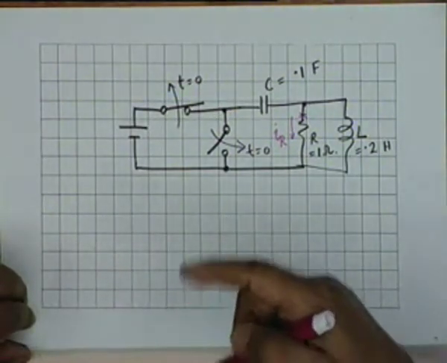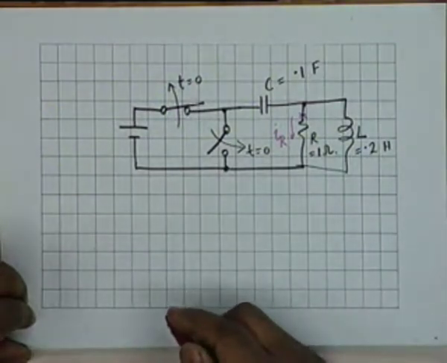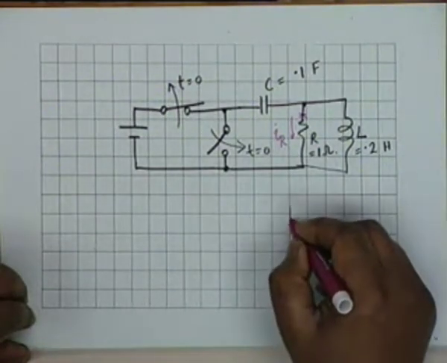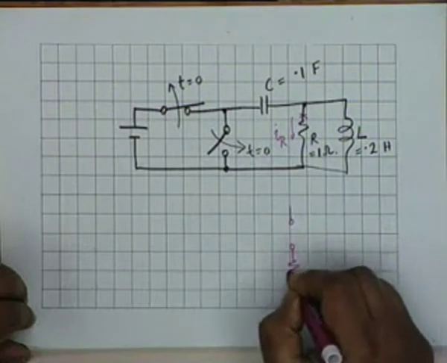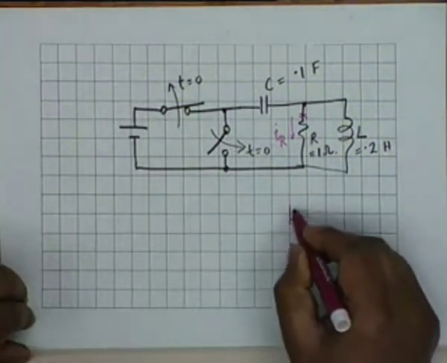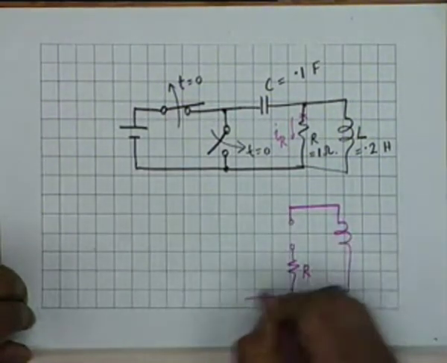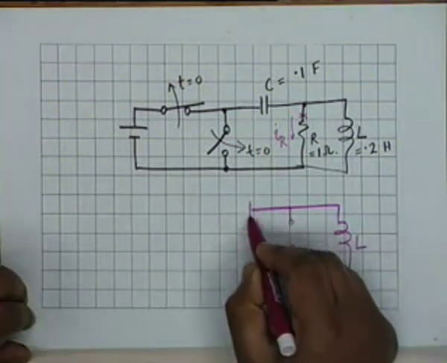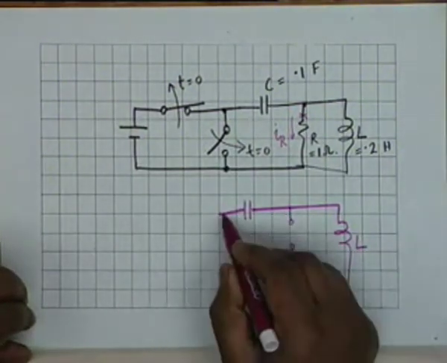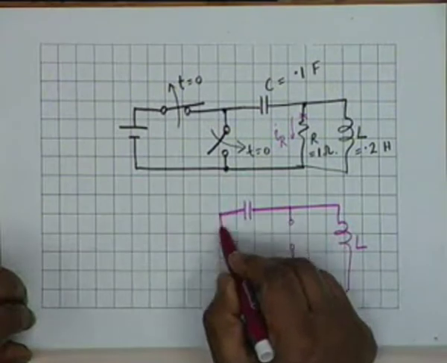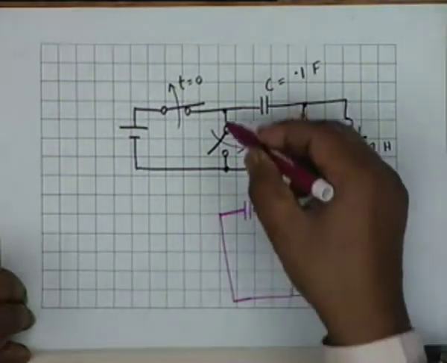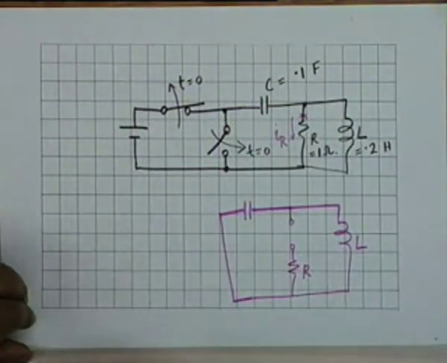Then we shall make a short circuit and find the current. Is that okay? So our circuit then shall look like this. There is a break here, R, and we have an L, and we have a C here, which ultimately becomes shorted through this switch.